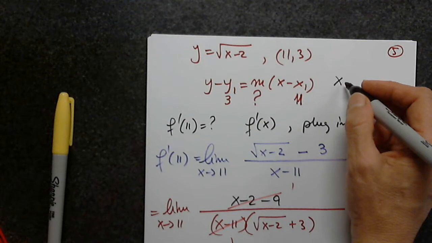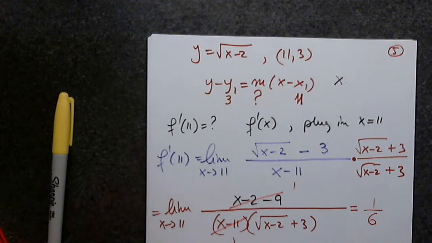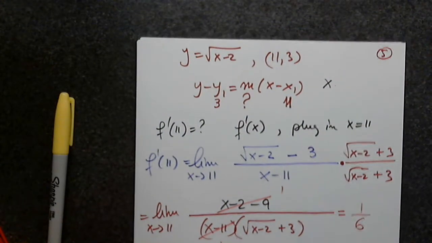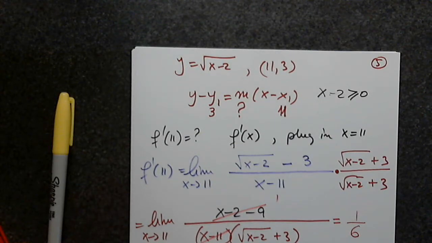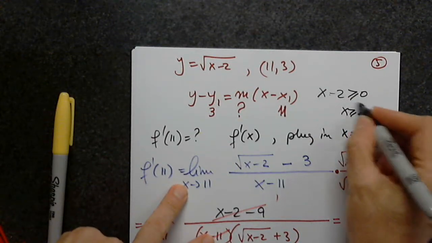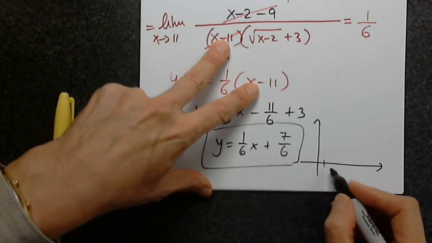I have to find one student who can say immediately x minus 2 has to be greater than or equal to 0 so you can take the square root of it. Why is it so difficult for the square root to say it must be greater than or equal to 0? My brain just shuts off. Okay, I got it. I automatically avoid them. Good. So then I know where to start the function.